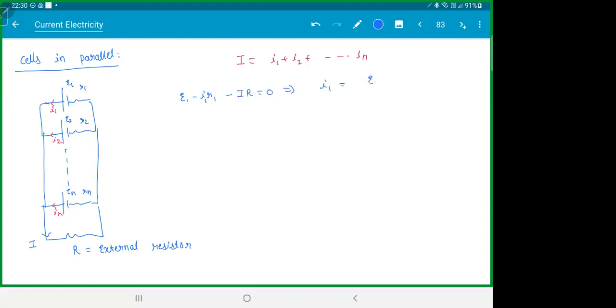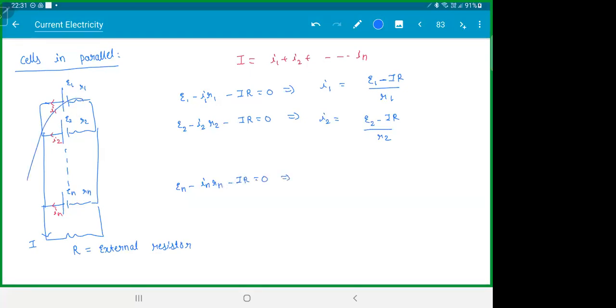So I1 will be (E1 minus IR) by R1. Similarly, E2 minus I2 R2 minus IR is 0, so I2 is (E2 minus IR) by R2. So on, En minus In Rn minus IR is 0.